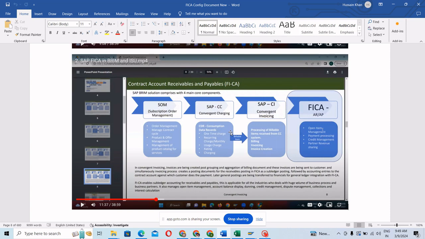So as a part of CI, FICA would get into the picture. As a part of CI, once the final bill has been created, the FICA will be involved. FICA activities as a part of CI.